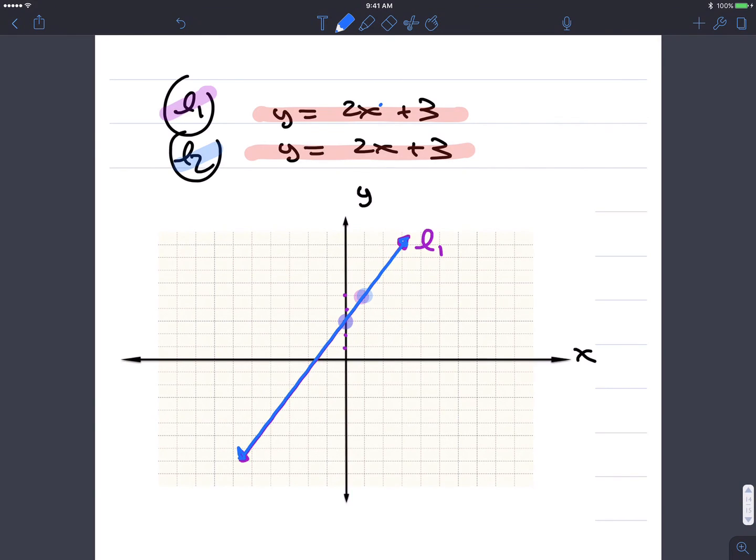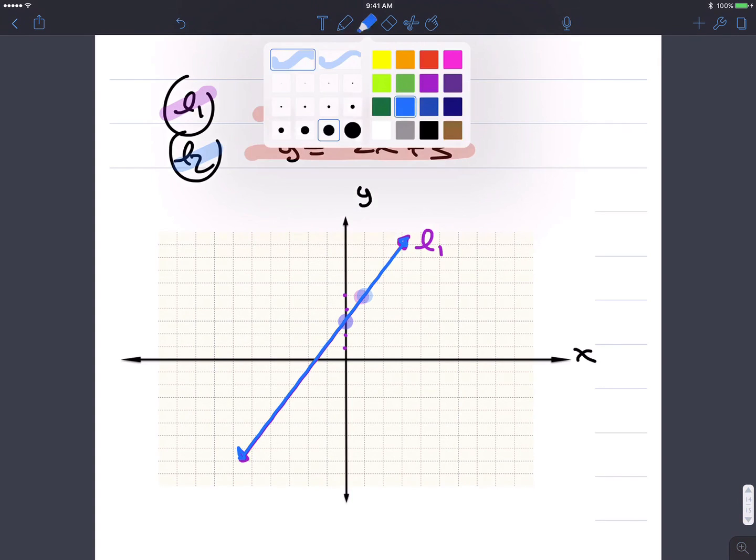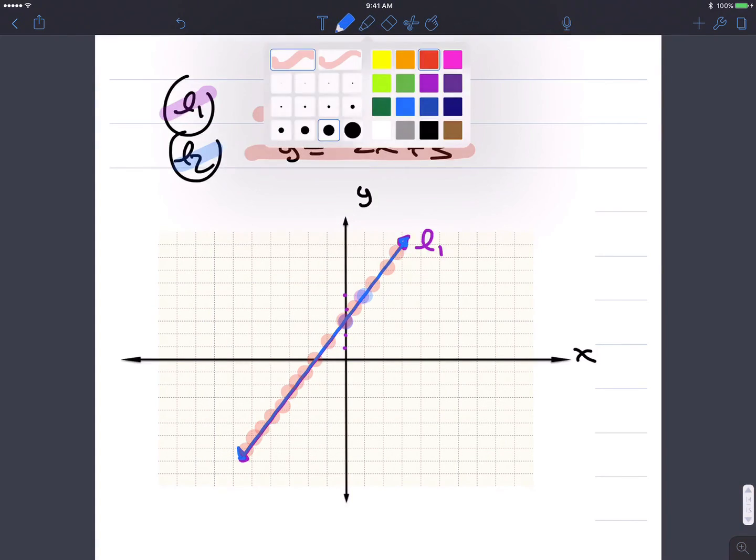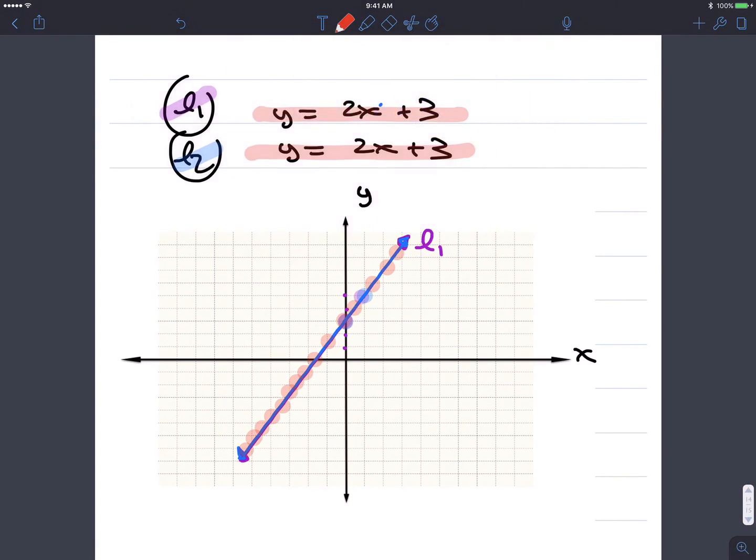Now, what this means is the following. It means that this point is a solution, this point is a solution. In fact, there's many points on this line that are solutions. Since there's infinitely many points on a line, what we say here is simply that there's infinitely many solutions.